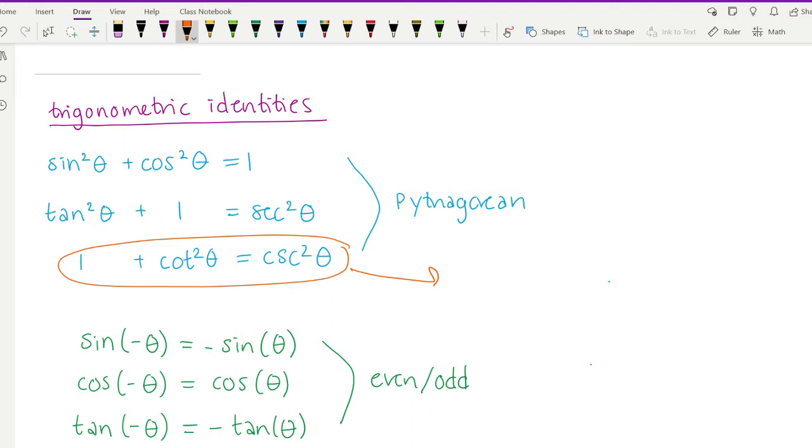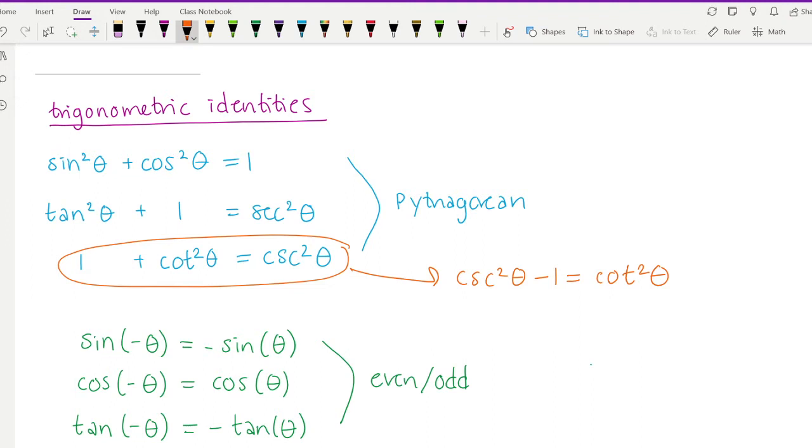Well, we can just subtract 1 from both sides. Taking this equation, if we subtract 1 from both sides, we get a new identity. We find that cosecant squared of theta minus 1 is equal to cotangent squared of theta. So that's what we're going to use in the numerator.